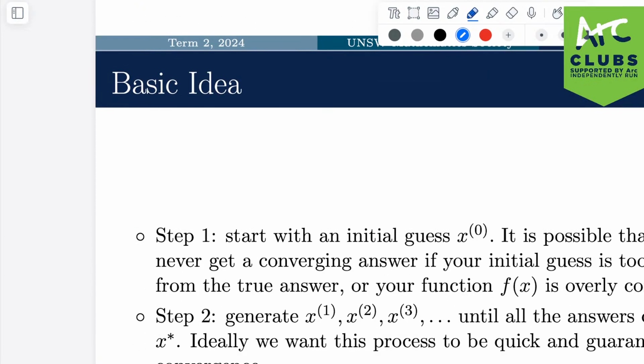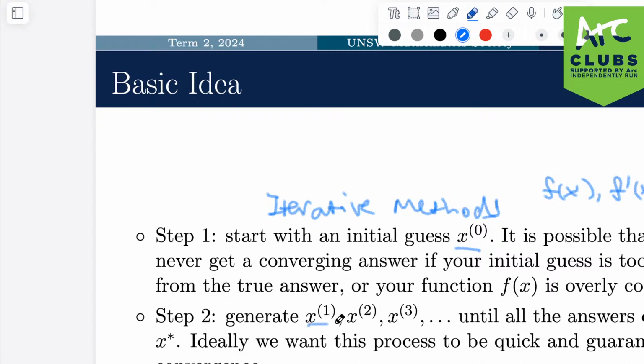And then we will move on to the numerical method, or the iterative method. Basically the idea is we start with an initial guess x0, and because we already have f(x), and we even have f dash x, using f(x) and f dash x, we can generate x1, x2, x3 until the answers converge to a certain value x star.